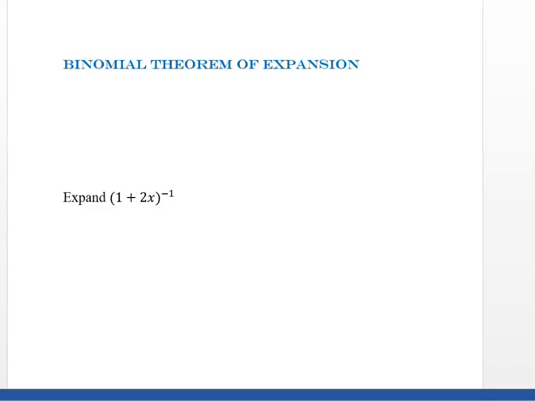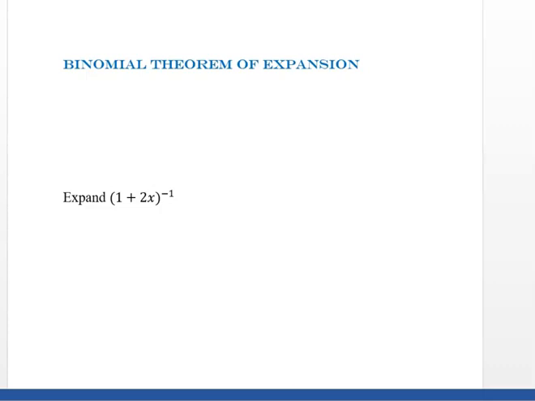Today, I would like us to look at the binomial theorem of expansion. Binomial simply means two terms. How then do we expand two terms? We've seen expansions like (a + b) squared, where the power n is 2.